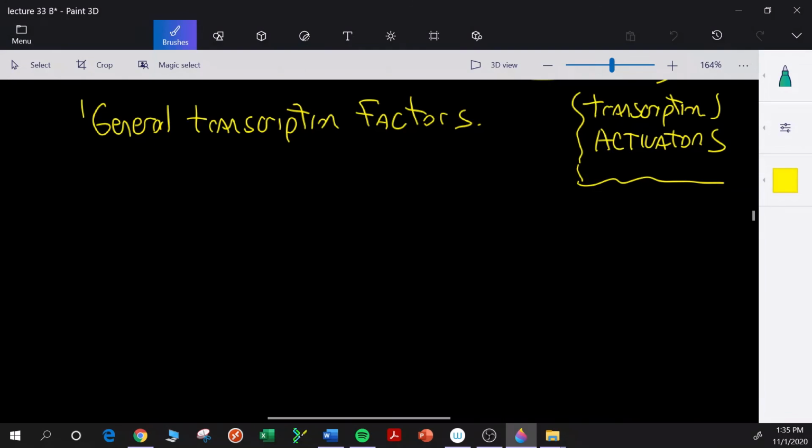The general transcription factors are to just get that RNA polymerase into position and to initiate transcription. So let's consider transcriptional activators as proteins that influence the rate of transcription, and general transcription factors as the factors that are critical to making transcription happen.